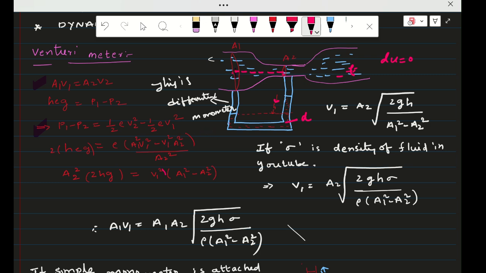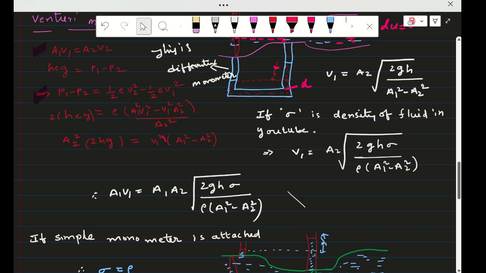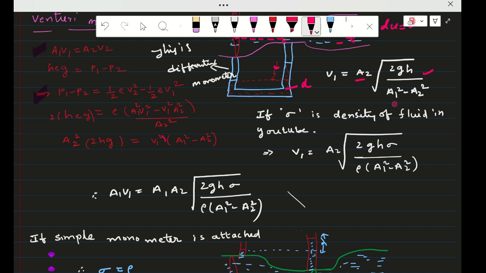If you want to find V2, substitute V1 from the equation of continuity. If you want to find V1, substitute V2 from the equation of continuity. So in the Bernoulli's equation, you will finally get these very important results: V1 is equal to A2 into square root of 2gh by A1 square minus A2 square. Here A1 is the bigger value, A2 is the smaller value.